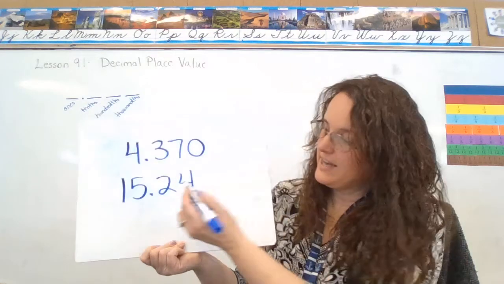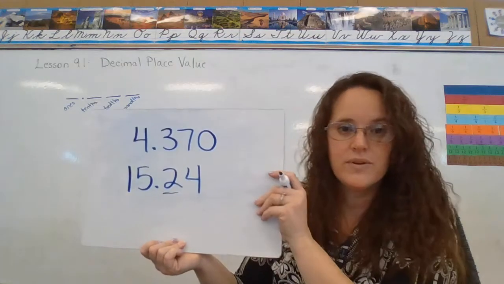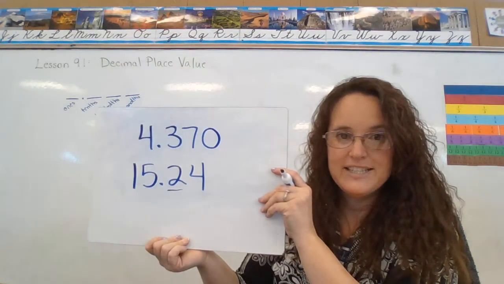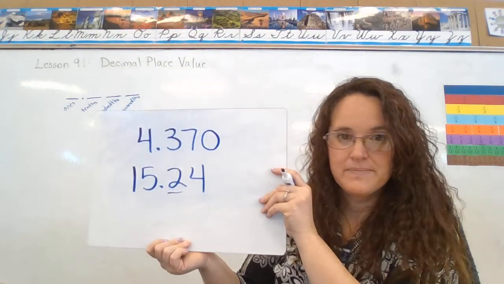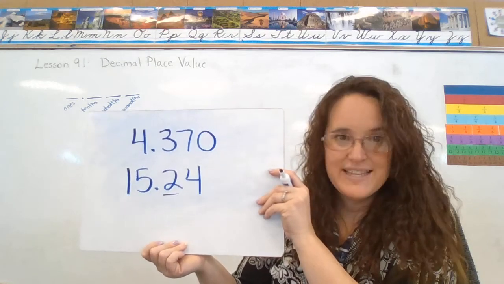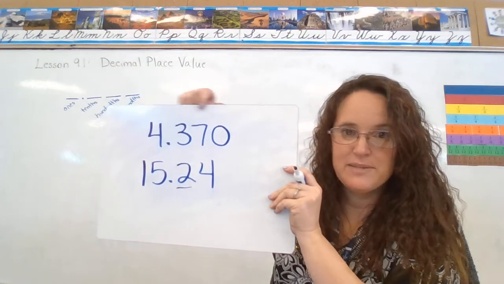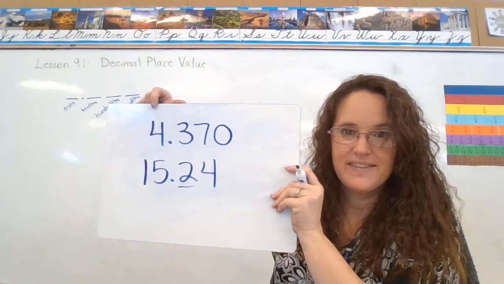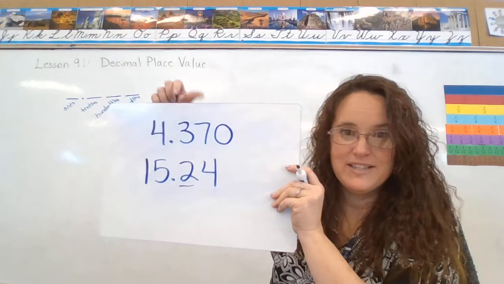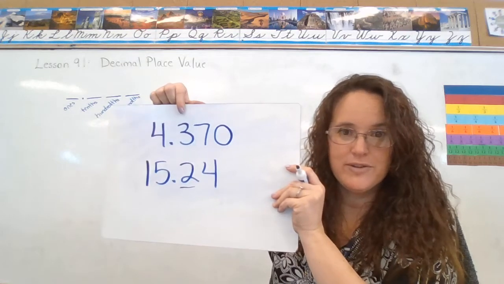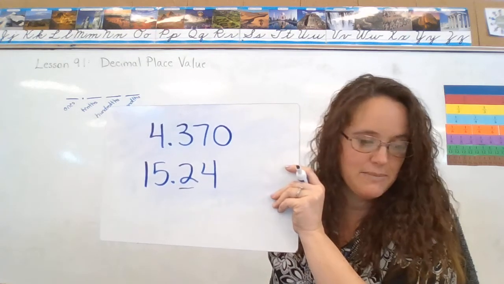So you need to recognize the 2. Tell me what place value it's in. The 2 is in the tenths. So then which digit is in the tenths place up here? The 3. You can see I even lined them up for you, so the 3 and the 2 are right on top of each other there.